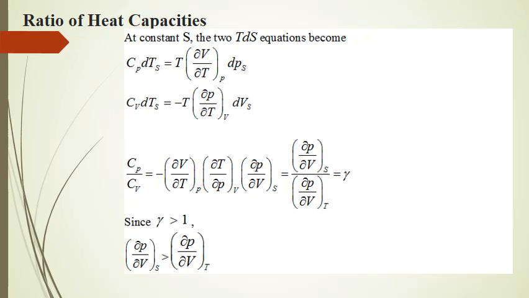So we can say that the slope of a reversible adiabatic process is gamma times the slope of a reversible isothermal process. Now since we know that the value of gamma is greater than 1, we can say that the slope of a reversible adiabatic process or isentropic process is greater than the slope of a reversible isothermal process.